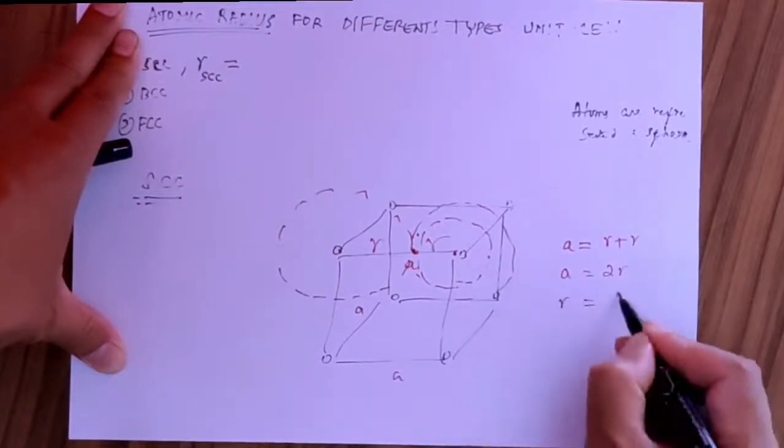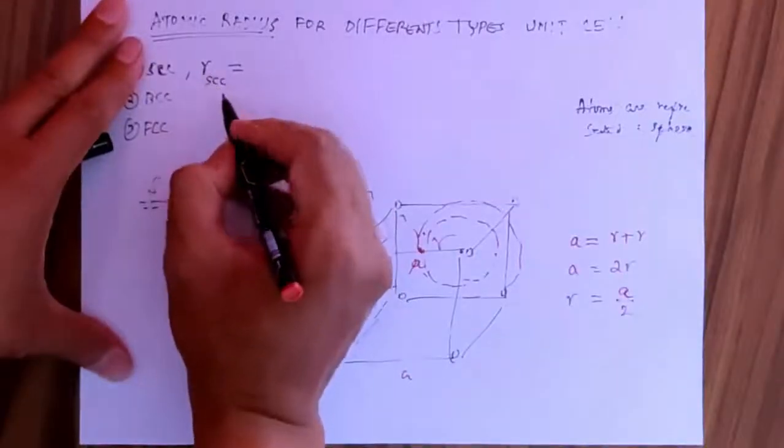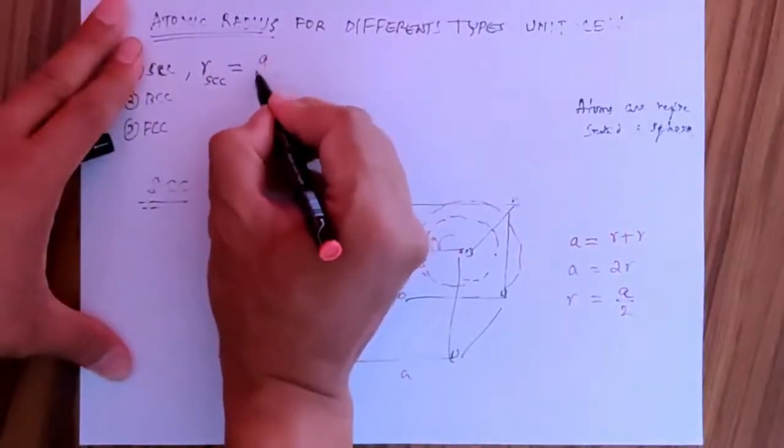Therefore R is A by 2. Atomic radius for SCC is A by 2.